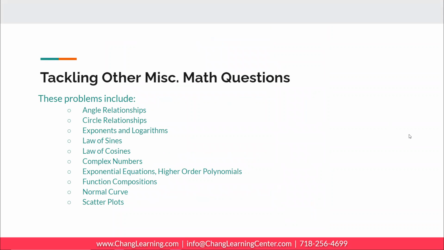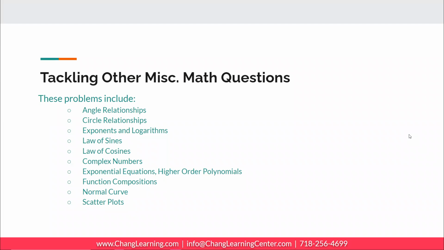There are a few other topics on the SAT, but again, at most, there's 1 or 2 problems testing these skills. So as you do your final review for the SAT, it's good to go over the lessons on angle relationships, circle relationships, which means tangents, secants, chords, diameters, inscribed angles, and central angles.